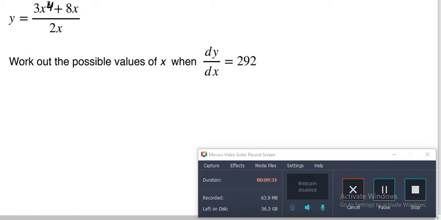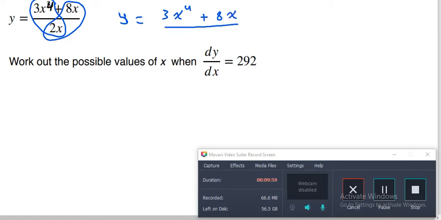Do we have denominator? Yes. In a denominator like this, if we have a fraction with terms added or subtracted on top and only one term below, we can distribute the numerator over the denominator. The first term divided by denominator, the second term divided by denominator, like this. So it will be y equals 3x^4 over 2x plus 8x over 2x.